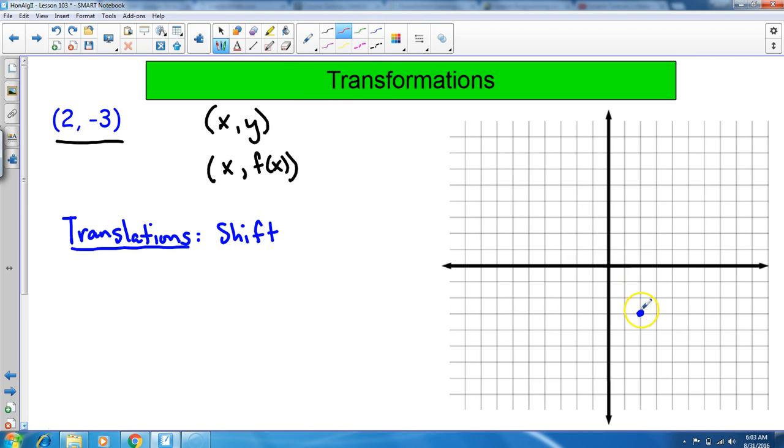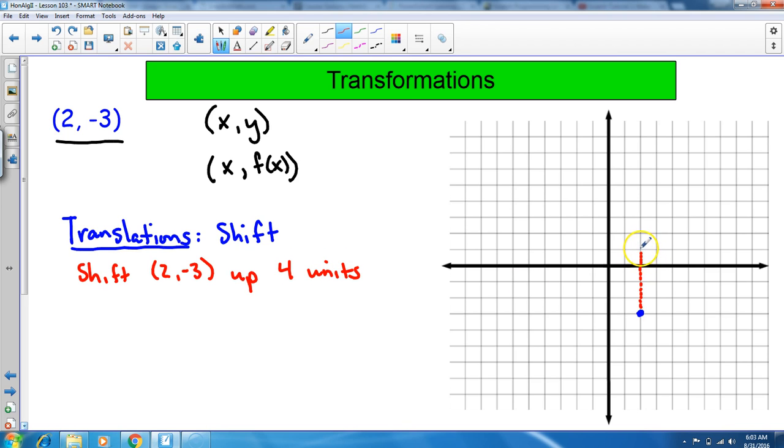So if I want to take this point and shift it up 1, 2, 3, 4. All right, so shifting this point up 4 units.